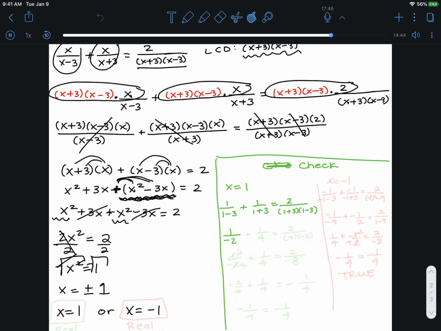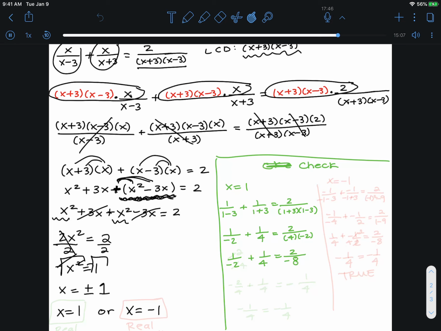That's negative 2. Plus 1 over 1 plus 3, which is 4, equals 2 over 1 plus 3, which is 4, times 1 minus 3, which is negative 2. So we're going to get 1 over negative 2 plus 1 over 4 equals 2 over 4 times negative 2, which is negative 8.